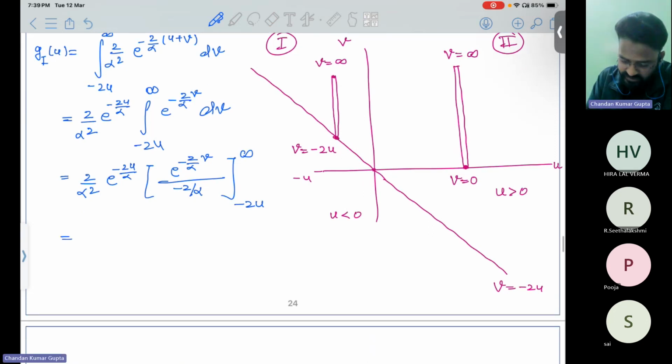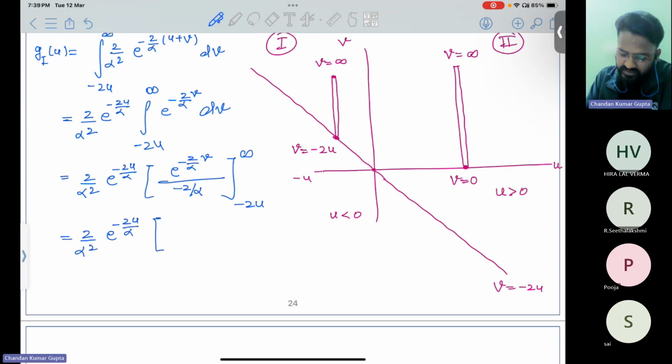So from here it is 2 upon alpha square e to the power minus 2u by alpha, and here minus 2 upon alpha is there, so the 2s cancel out and one alpha cancels out, so we may directly write 1 by alpha.